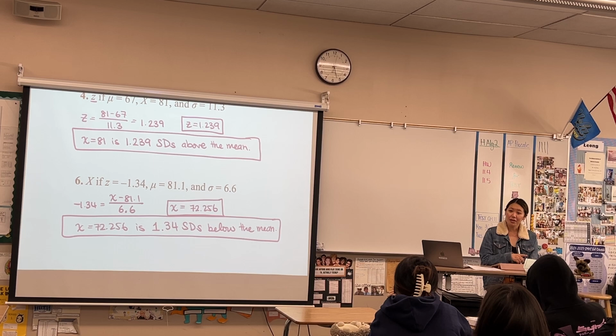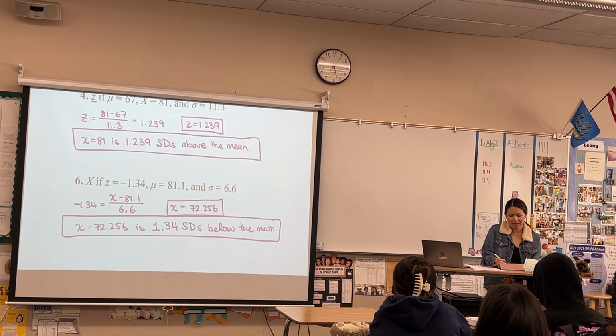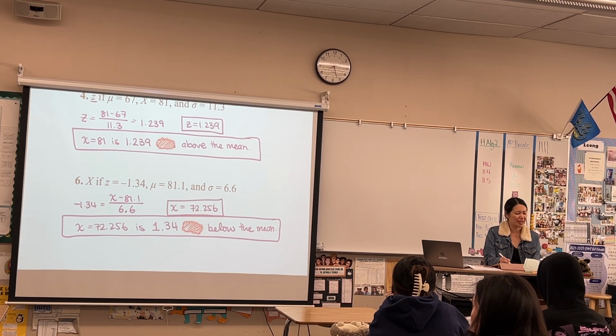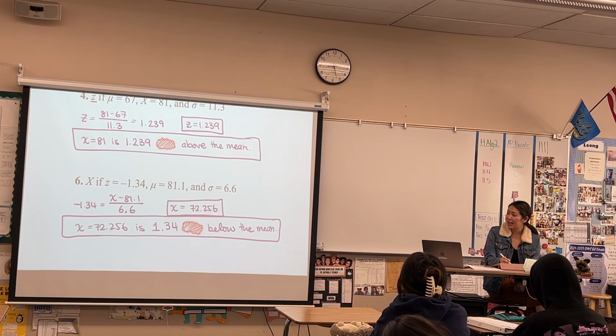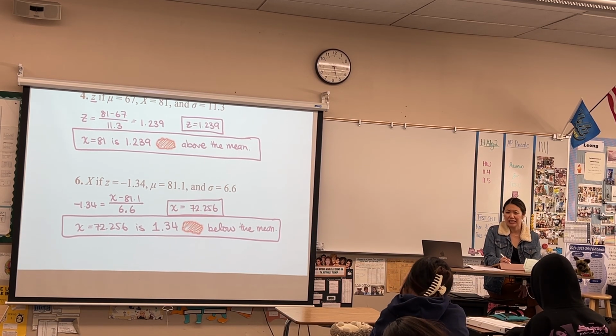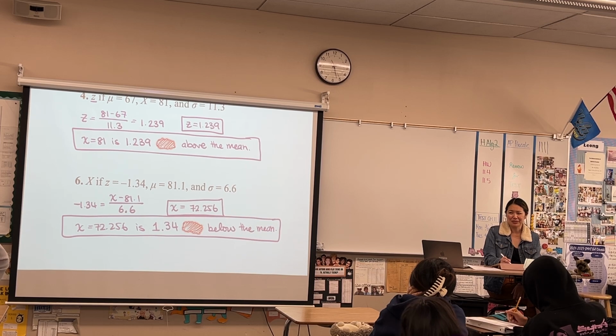Word of caution, because I see this a lot. I see students not write standard deviation. That is incorrect. If you just say it is 1.34 below the mean, that's like what? $1.34? Points? Hours? I don't know.